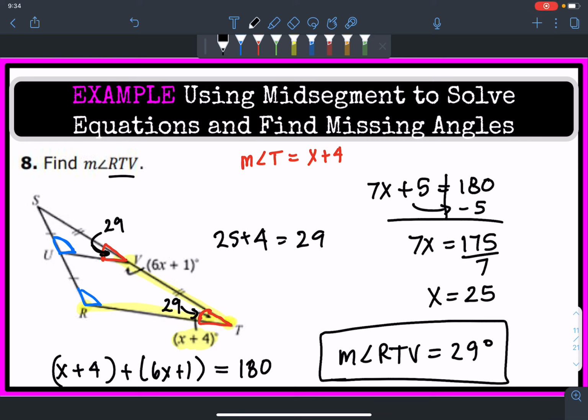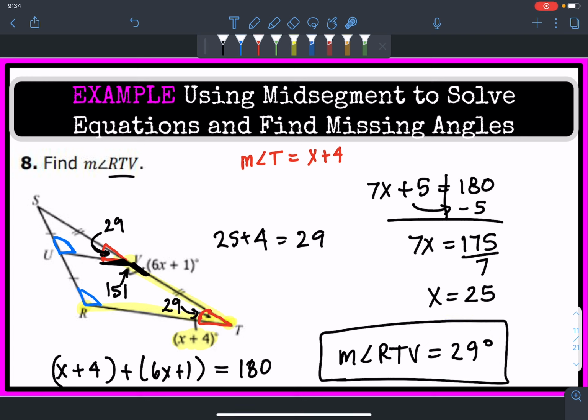This measurement right here, which is this obtuse angle right there, would have to be 151, because 151 plus 29 is equal to 180 degrees. But again, I'm just giving you more information because the question was only asking for RTV, only for that one right there.